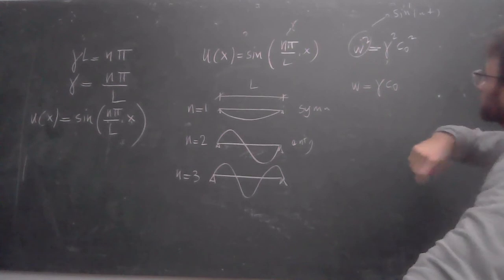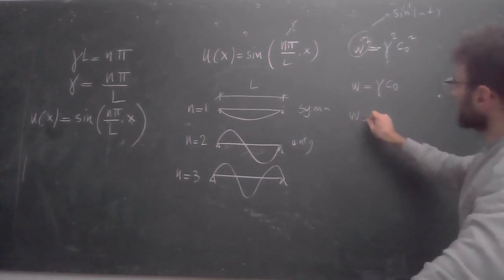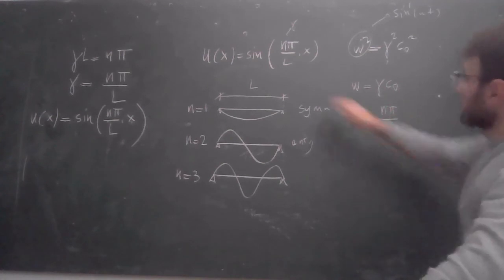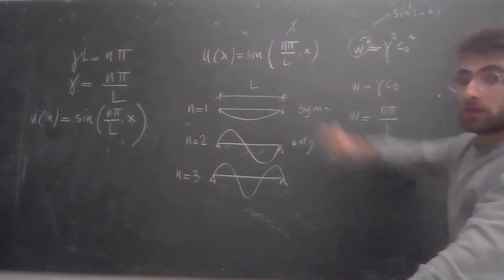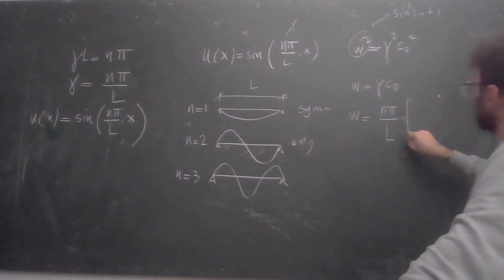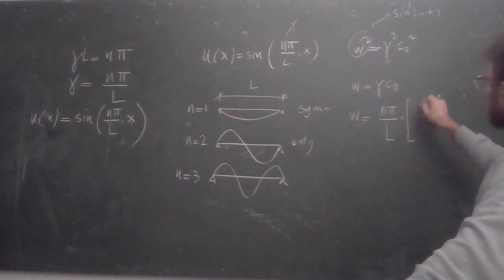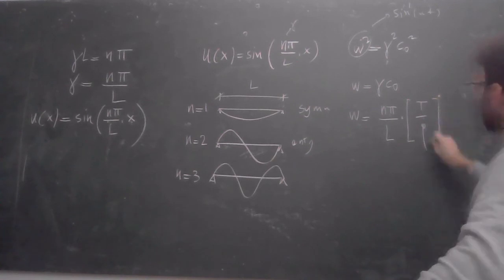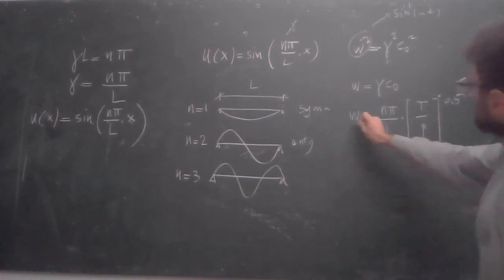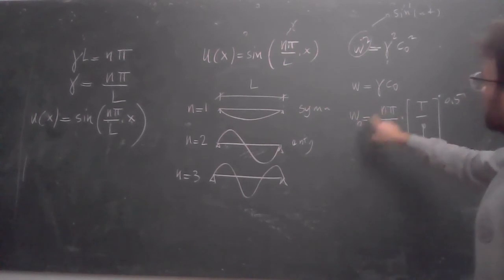Okay. So omega is n pi over L, is this one, times the square root of t over rho in the case of this string, right? And we add n because it depends on n.